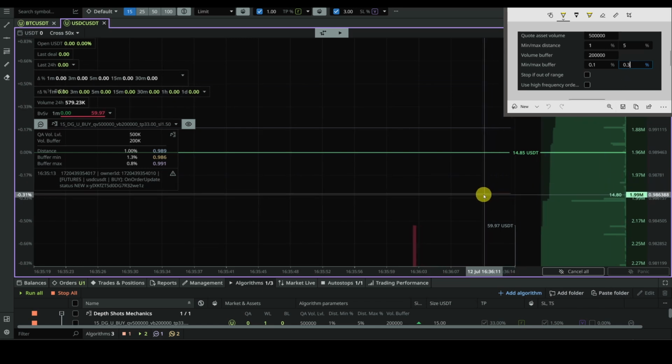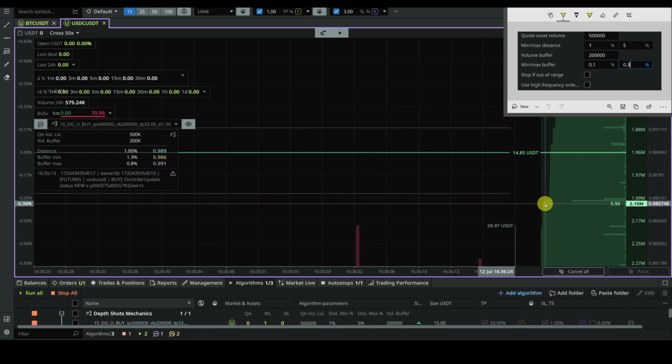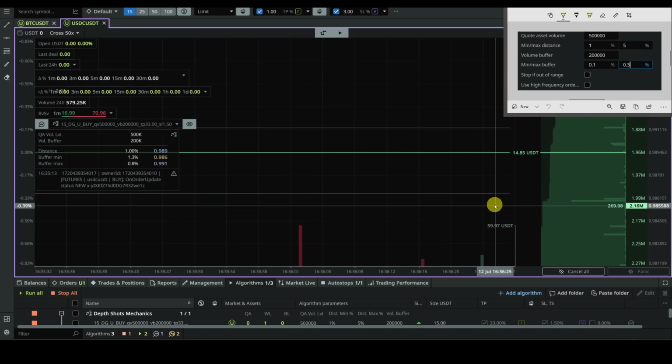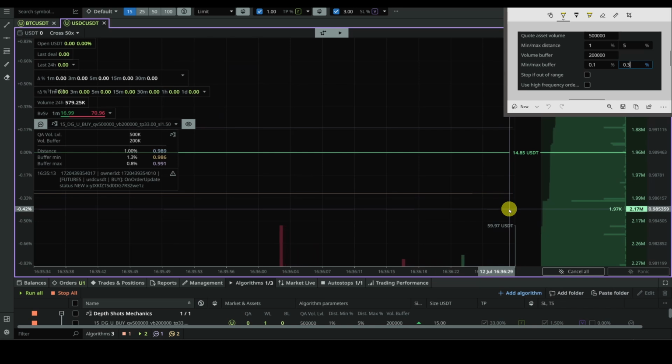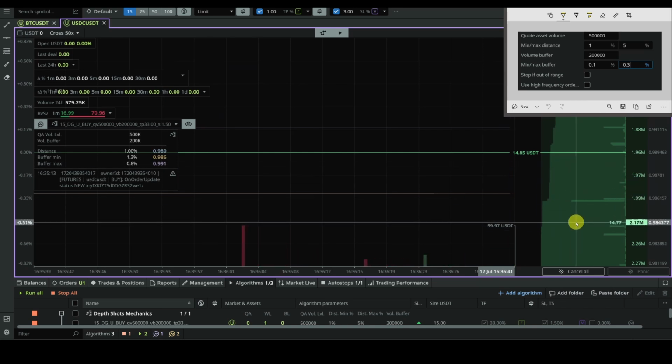Yeah, you see, we're having this buffer at the maximum setting, even though the actual volume buffer, the calculated value of the volume buffer, is somewhere around here. So this is not allowing the buffer line to go beyond a certain point, regardless of the situation in the order book.